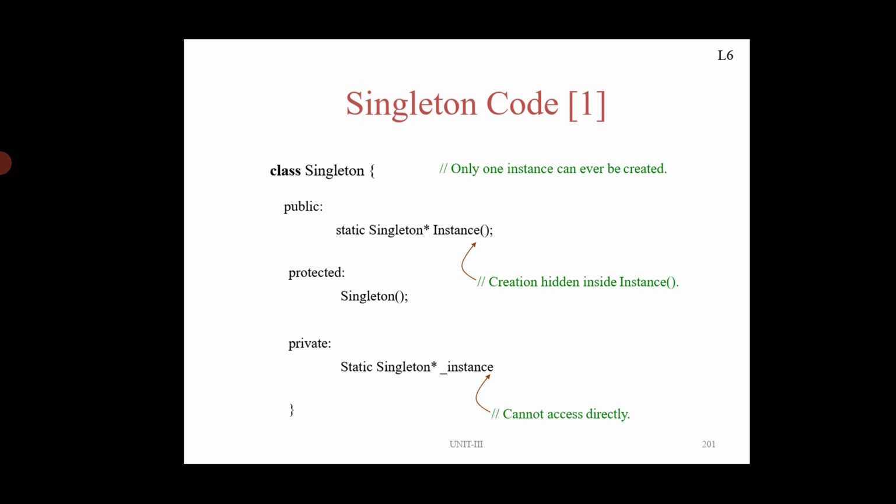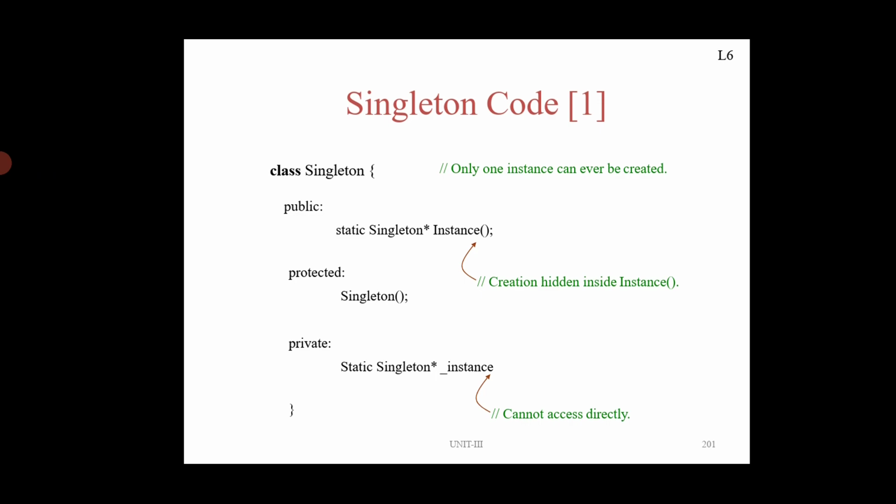The singleton class is declared as class Singleton. We are using access specifiers here: public, protected, private. In public we have static Singleton asterisk Instance function, so only one instance can ever be created. In the protected section, the Singleton constructor is hidden inside the Instance function.